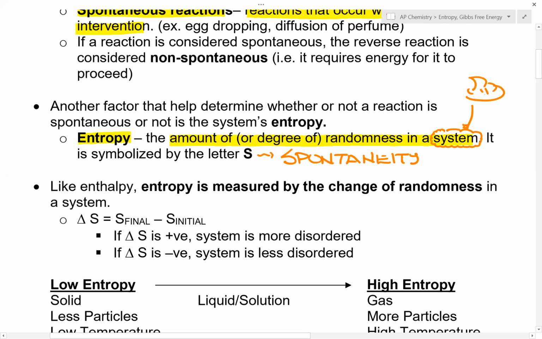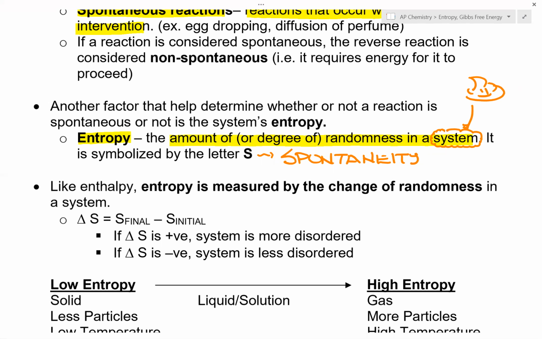We've done this before when we talked about enthalpy, from the point of view of the system. That is why delta H, when we calculate it, is from the point of view of the system. Like enthalpy, entropy is measured by the change in randomness in a system.